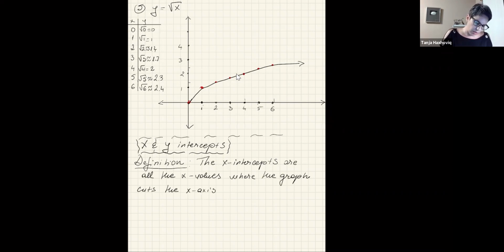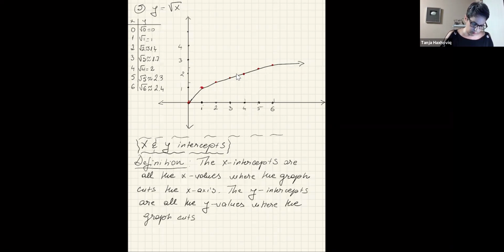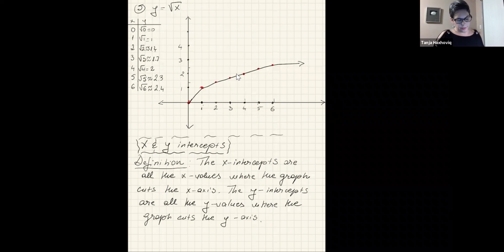The y-intercepts are all the y values where the graph cuts the y-axis.